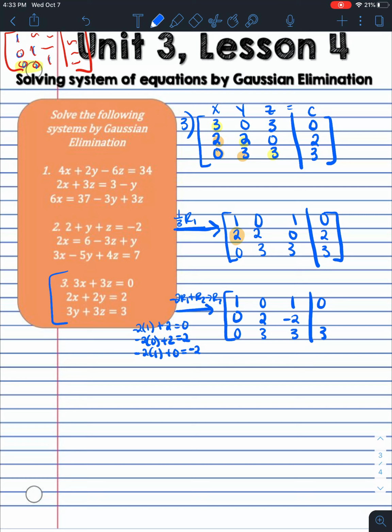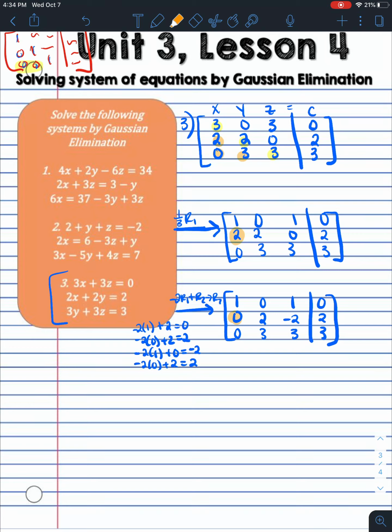So -2 plus 0 is -2. And then -2 times the last position of row 1 plus the last position of row 2 is going to be 2 again. Okay? So I have my 0 here. That's what I wanted.